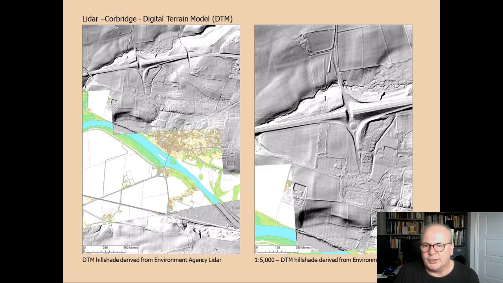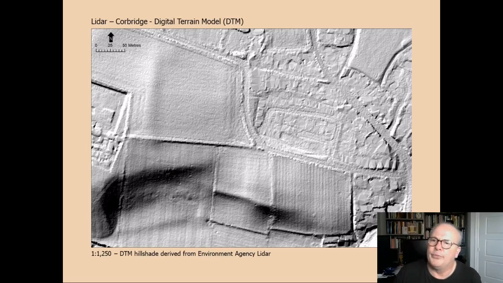But if we were to zoom in, so this is 1 to 5,000, if we were to zoom into 1 to 1250, you can see that we've got a really nice view of the earthworks here. We can still see the ploughing, but this is where all the buildings have been taken out, and you can see all these triangles here where it's tried to create a model from the points that were left after the algorithm had stripped out the buildings.